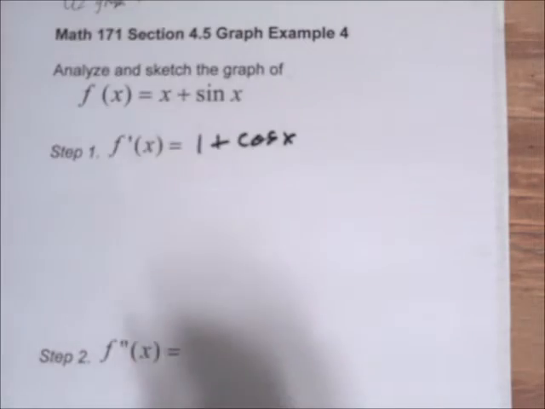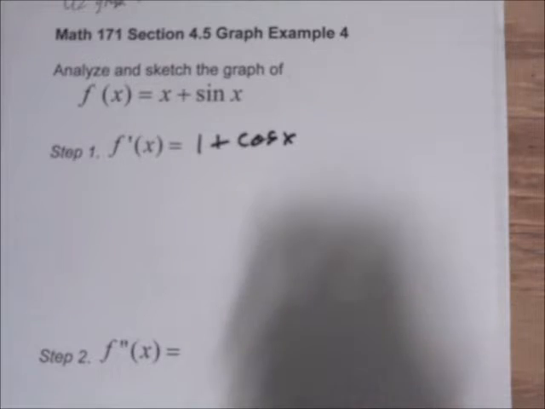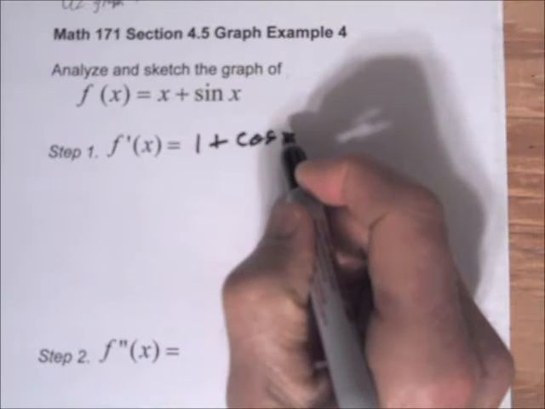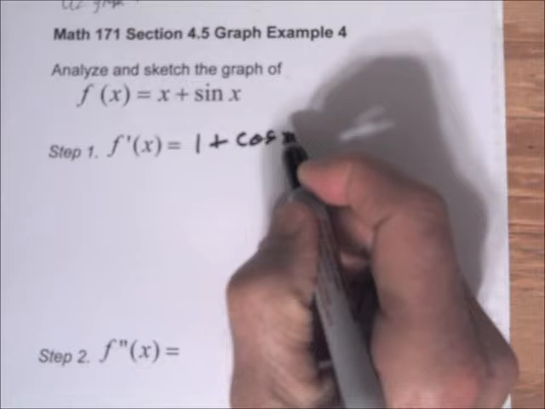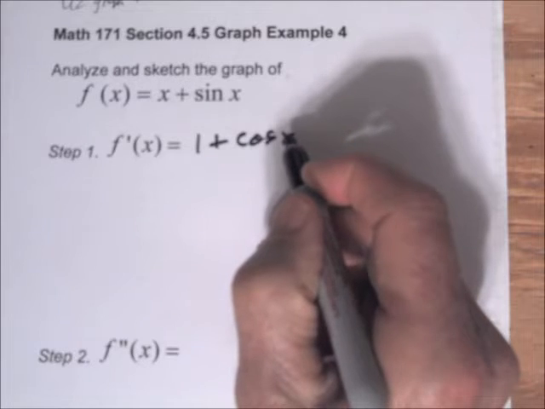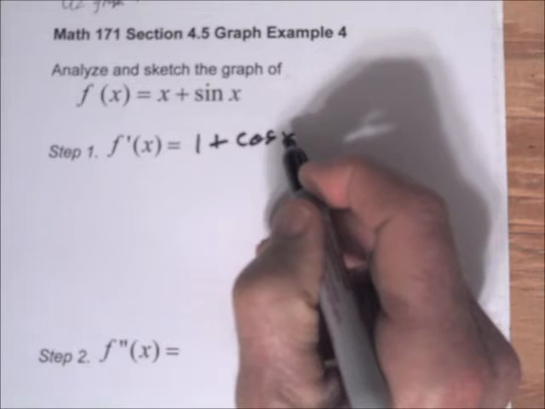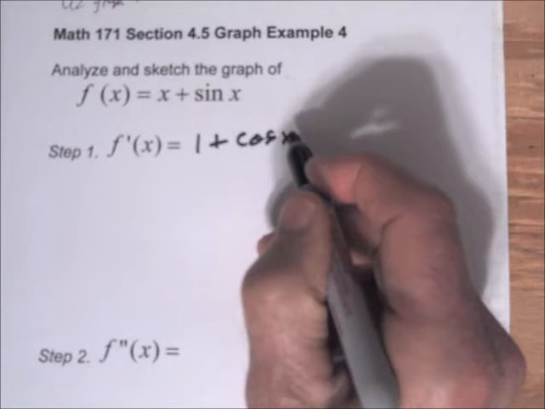And this is going to be 0 if cosine x is negative 1, which would be at the odd multiples of pi.